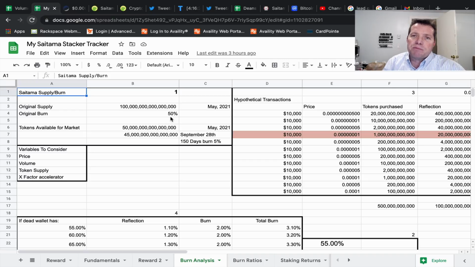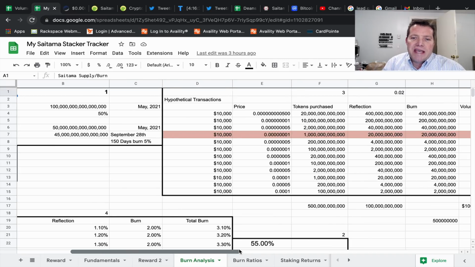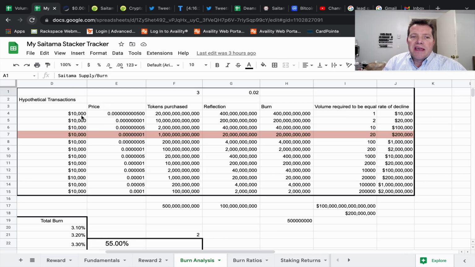They burned half the supply, and since then we're working on burning another 6%. Now, what's happening in this spreadsheet is, as a person spends $10,000 at different given prices, what would the amount of tokens burned and the reflections be? So this is 905.